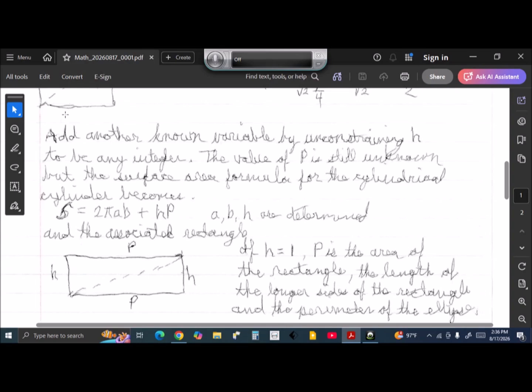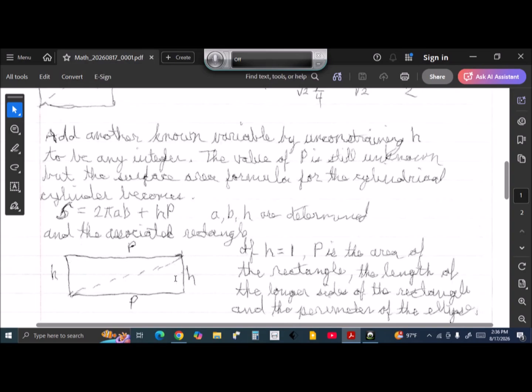With H equal to 1, what do we get now? We still have an elliptical cylinder. One of the sides is still the perimeter of the lateral side, and the other side, when H is 1, will make the area of the rectangle that results when we unwrap that elliptical cylinder and form its net.